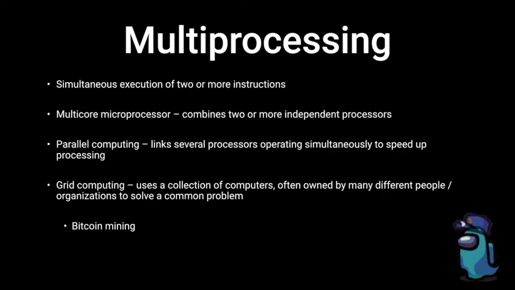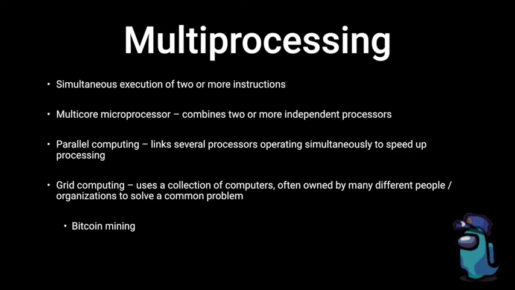That is how processors work. They can only read one instruction at a given time. So one clock cycle time equals only one instruction being executed. So here we have multiprocessing, which is the simultaneous execution of two or more instructions.